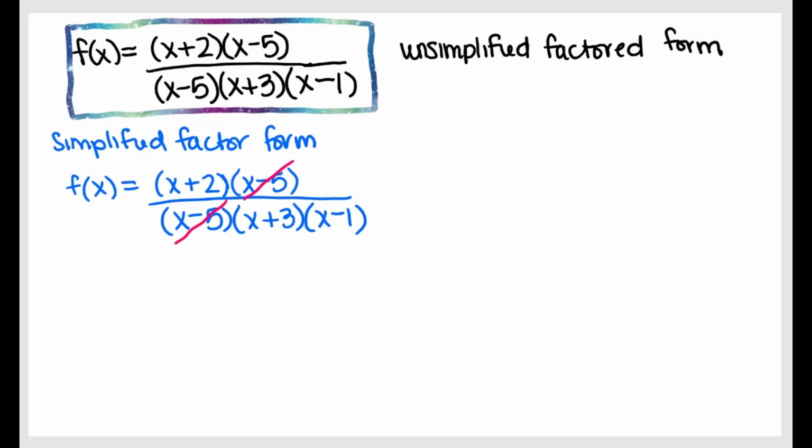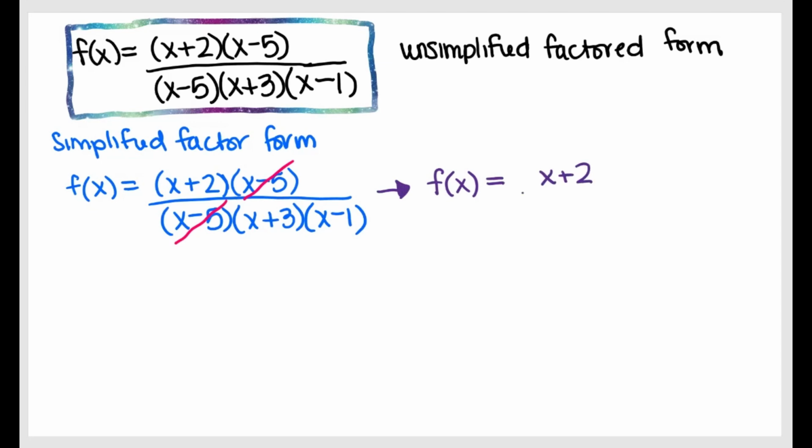And then if you notice, the x plus 2 doesn't show up in top and bottom, so we can't cancel it out. And the bottom pieces, the x plus 3 and x minus 1, do not cancel out. So we get our simplified factored form to be x plus 2.